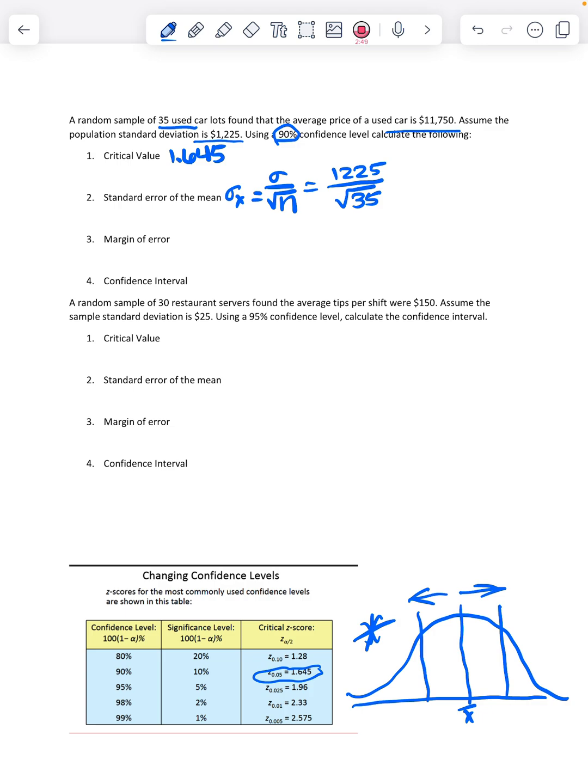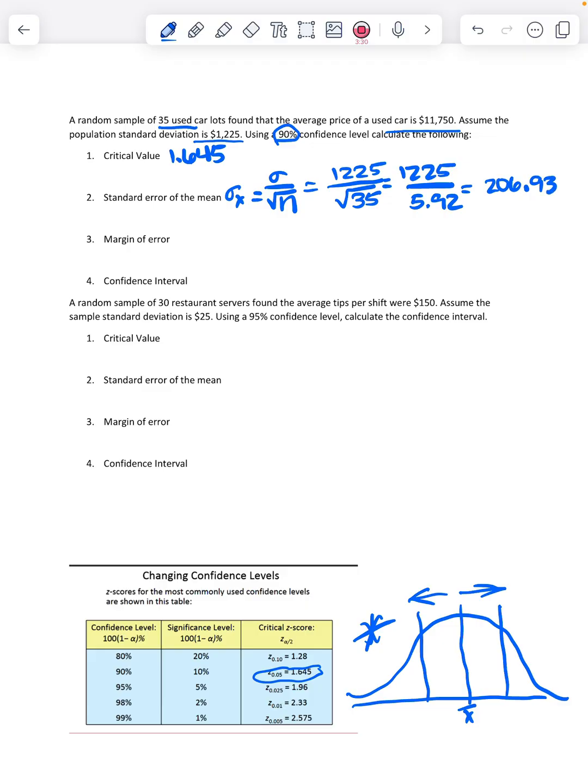And that is going to tell us the standard error. I find the square root first, and the square root of 35 is 5.92. Then I divide: 1,225 divided by 5.92 gives a standard error of 206.93.